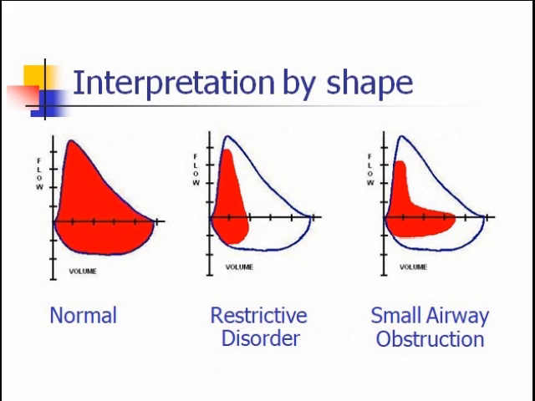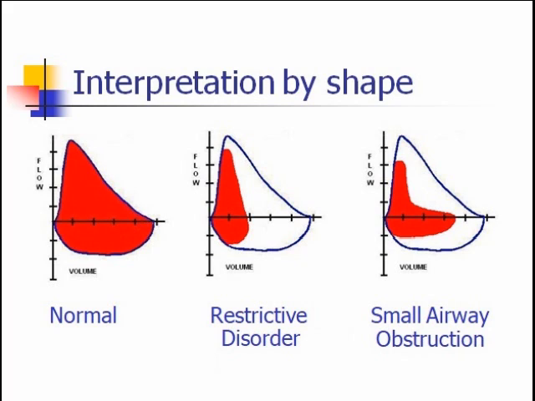Now, if you look at a restrictive loop, it's going to have almost as high a peak flow, but you're not going to see the volume as good as the normal loop. It's going to be a lot less. So you get this squashed down looking appearance.